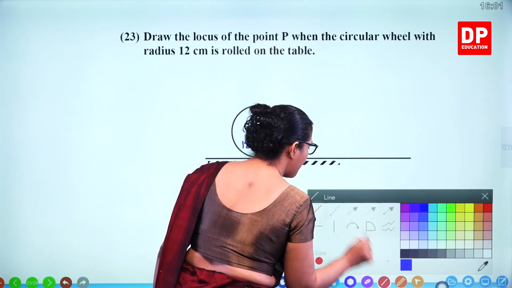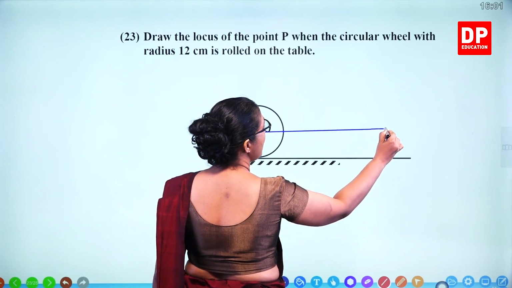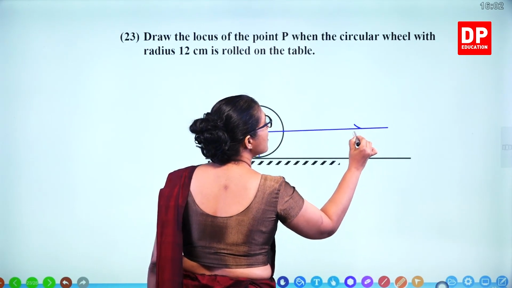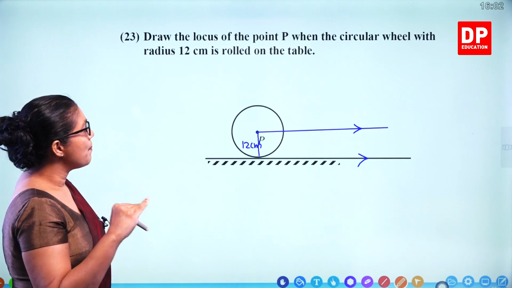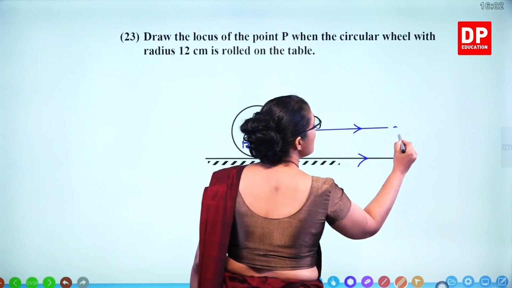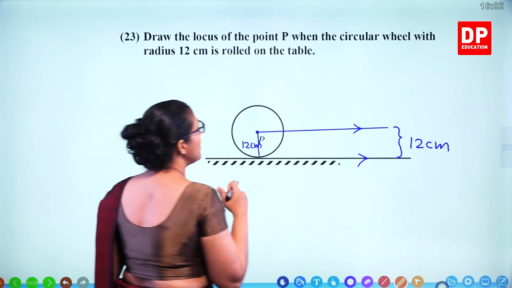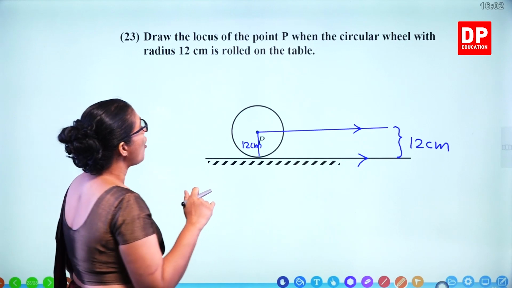So what is the locus? You get a line parallel to the table. So you get a parallel line 12 centimeters away from the table. That's the locus of point P.